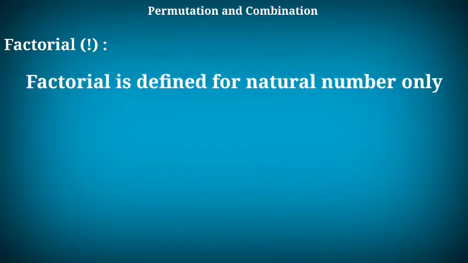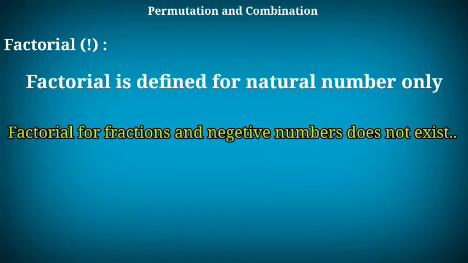Thus, the factorial is defined for the natural numbers only. That means it starts from 1 and all the positive integers go up to infinity. So, there is no concept of the factorial for proper fractions or improper fractions or negative integers.